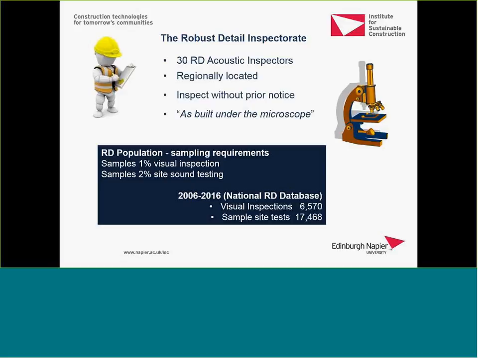But where we want to do more sampling in a particular area, we can do that, and that is steered by the Robust Detail Inspectorate Chairman and the Robust Detail Standards Committee. In the last 10 years, the National Robust Detail Database has 6,500 visual inspections and over 17,000 sound insulation site tests which feed into the database.